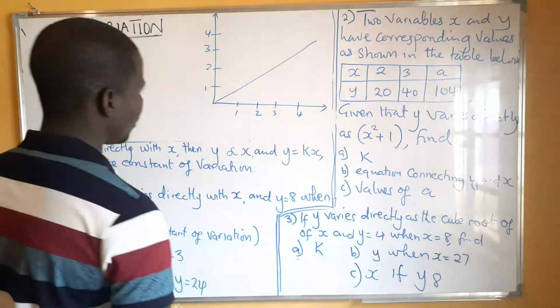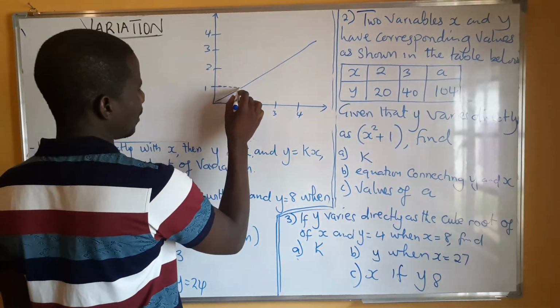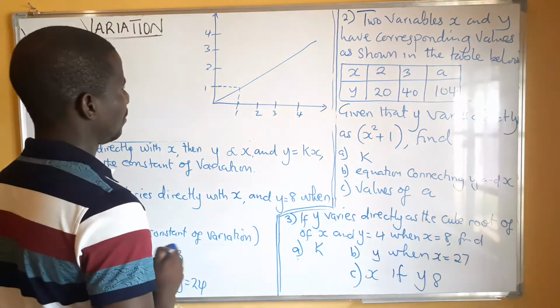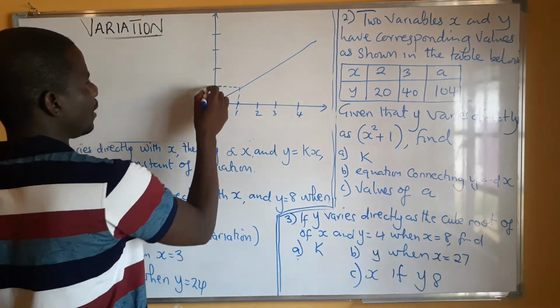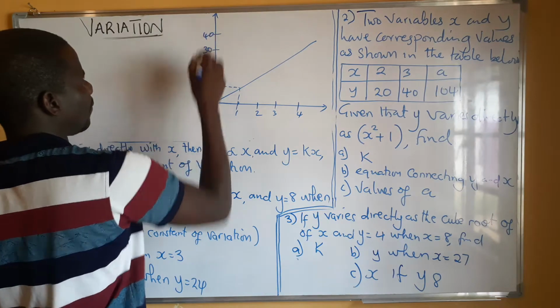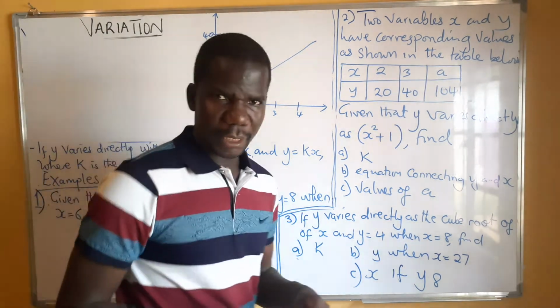Or maybe let me change. Here I can even say 10, 20, 30, 40. So this is what we are looking at here.